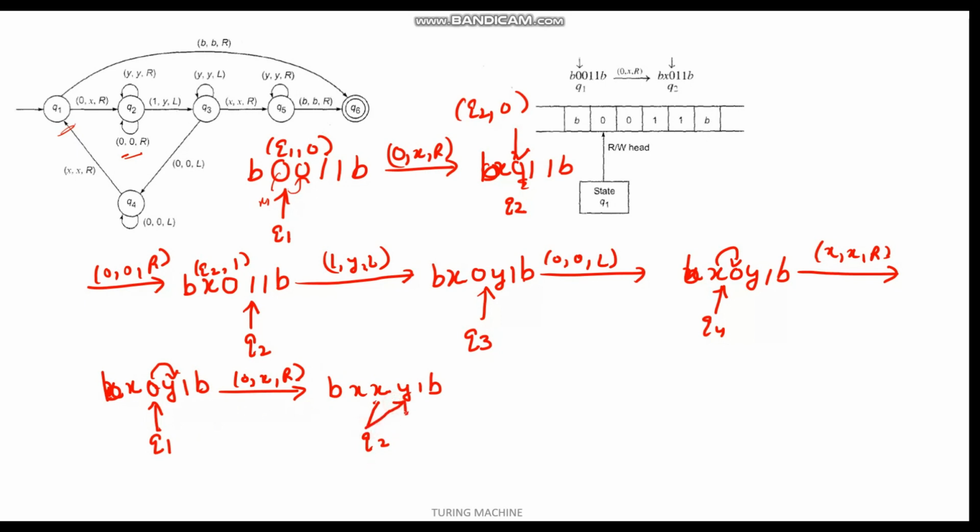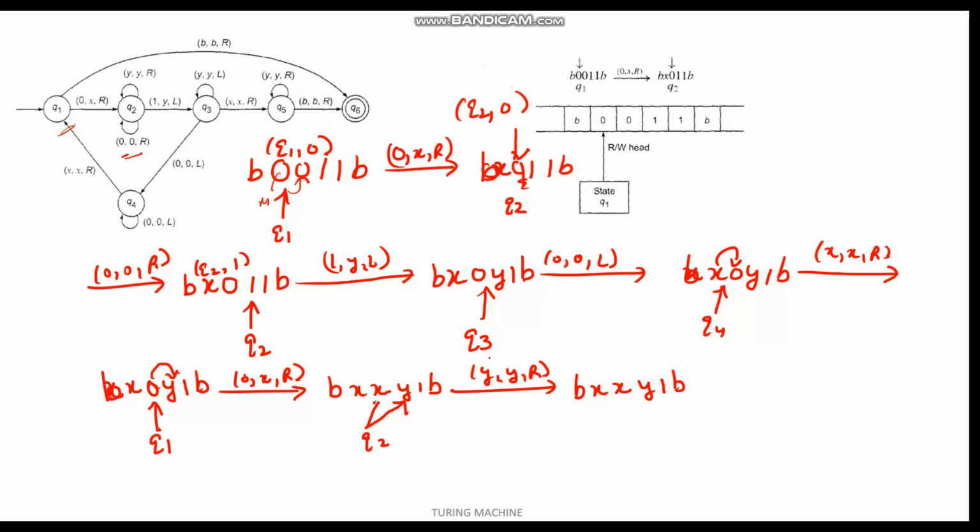So q2 will point to this y. Fine. So q2 is pointing to y, which means q2 is given input y. So when q2 is given input y, the function in that case is y comma y comma r. So when this input is given, it means this y is to be replaced with y only. So no change in the string happens. So we will write the string as it is, b y 1 b. Fine.